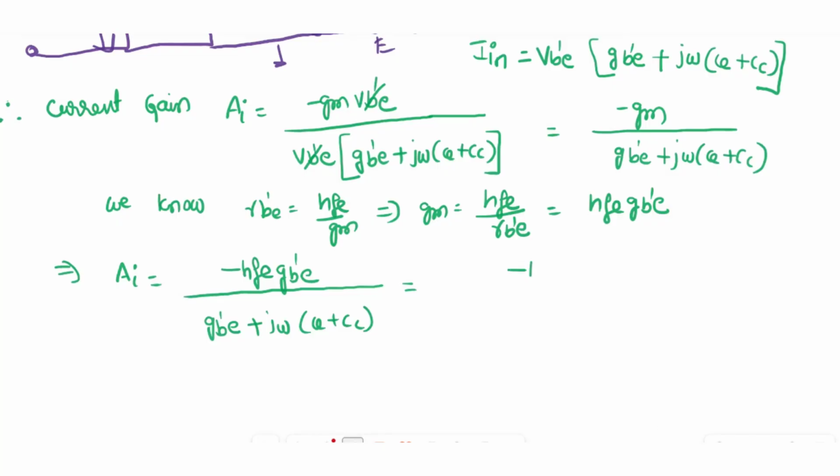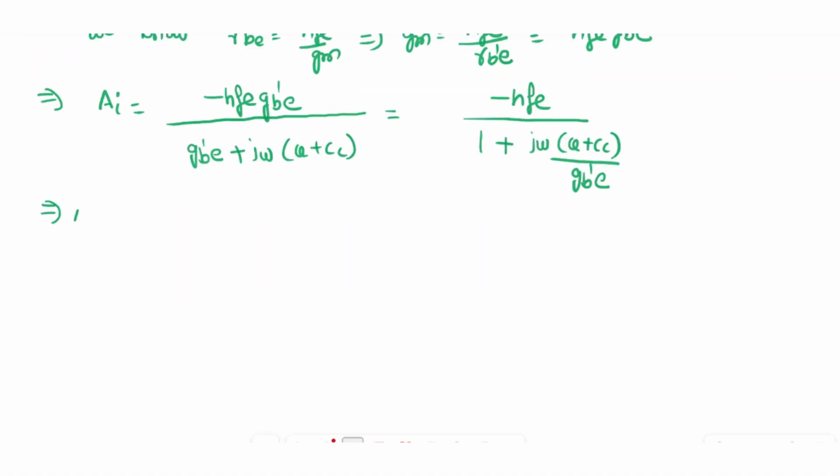We'll get Ai is equal to minus hfe by 1 plus j omega of Ce plus Cc by Gb'e. Write this omega as 2 pi f, so 2 pi f into Ce plus Cc divided by Gb'e.